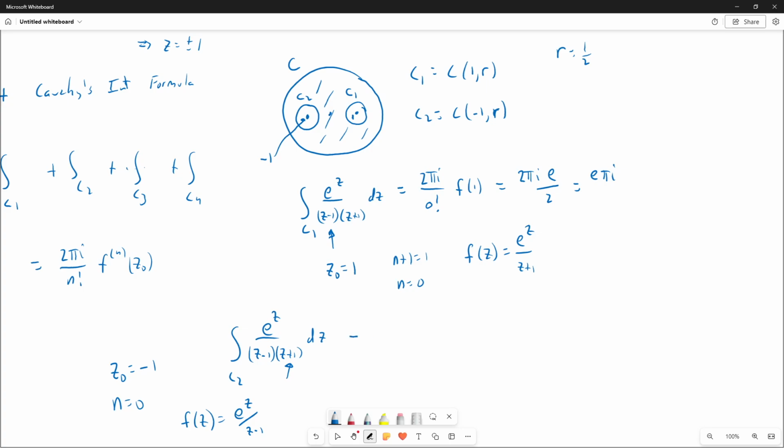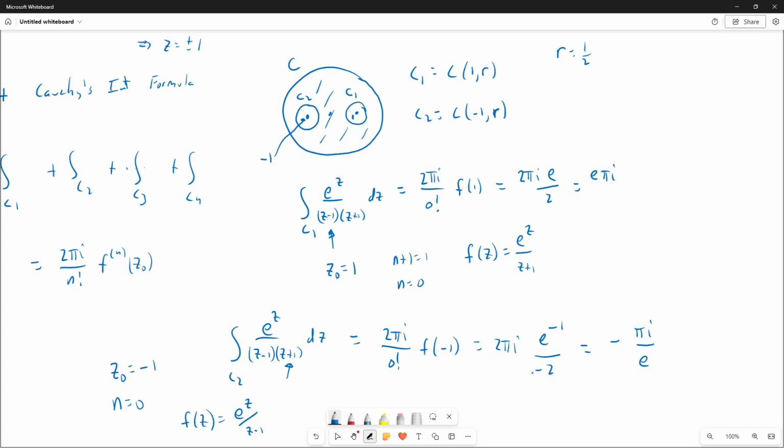So this integral is equal to 2 pi i divided by 0 factorial times f of -1. So this is 2 pi i divided by 1 times f of -1, which is e to the -1 divided by -2. So this is negative pi i over e. The 2's cancel. The e comes to the bottom, and we have a negative.